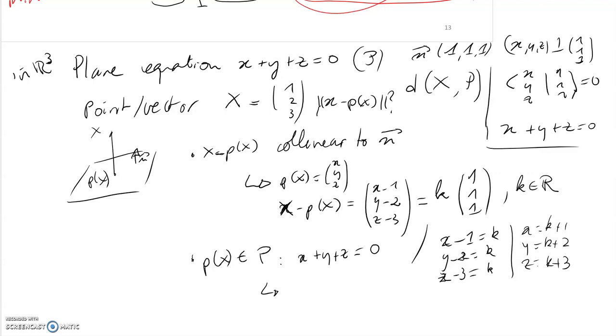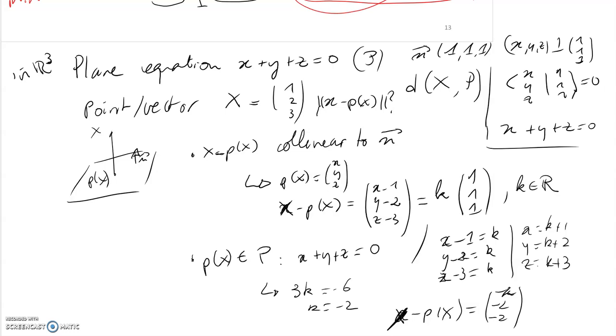You substitute those values in the Cartesian equation of the plane, and you get 3k plus 6 is equal to 0, so 3k is equal to minus 6, so k is equal to minus 2. So big X minus P of X is equal to the vector (-2, -2, -2).